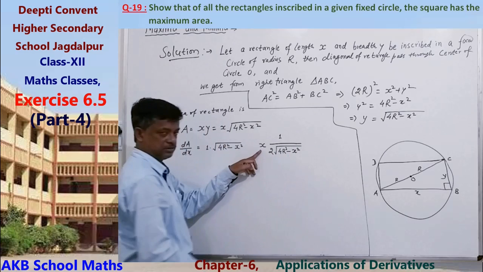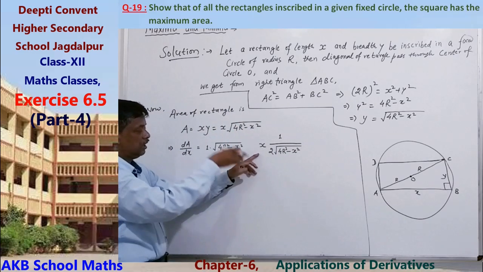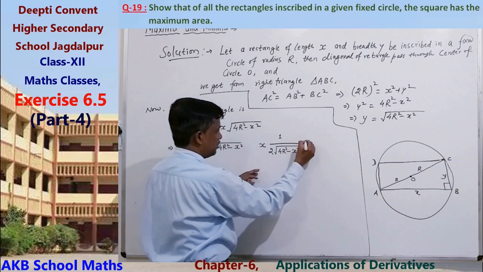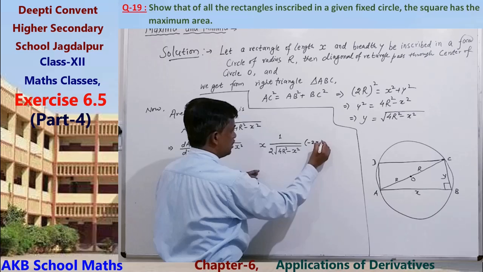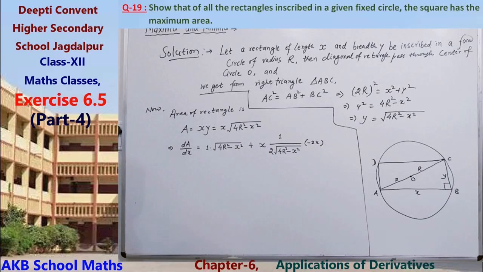Here R is fixed. Root over function, 1 upon 2 root of this, into the derivative of 4R square minus X square, 0 minus 2X. Minus 2X. This is the first derivative.